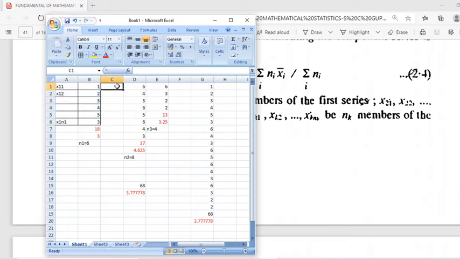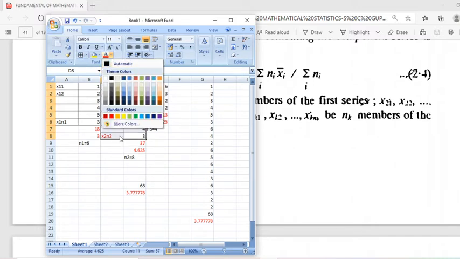And here also we can represent some x21, x22, etc. How many? Up to x2 n2. In general, these are another set of observations.